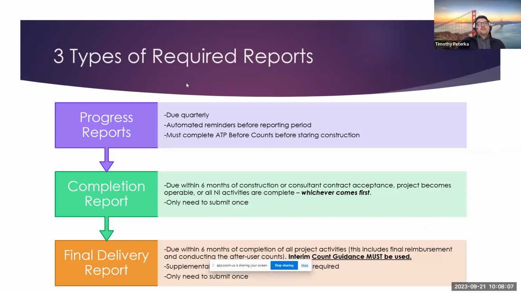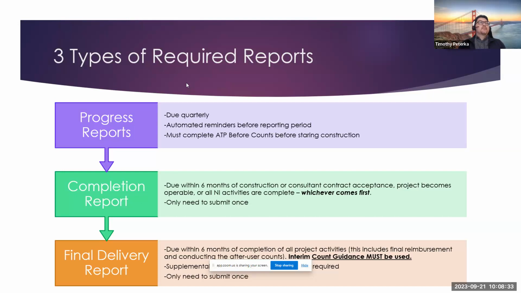Right, so I mentioned earlier that there are different types of reports that are required in the reporting guidelines. The bulk of the time that you will be reporting to Caltrans, you'll be submitting the first type of report here, these progress reports here in purple. These are due quarterly, and there are always automated reminders that go out before the reporting period to let you know, hey, a reporting period is coming up.